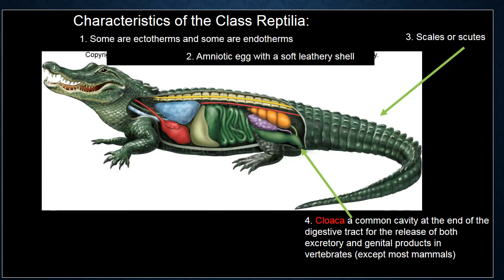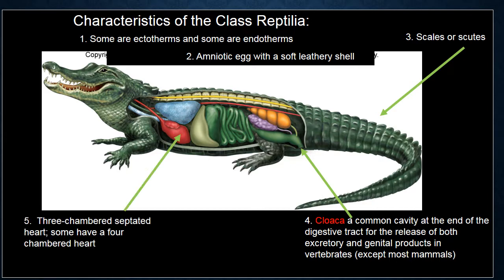And they have what's called a cloaca. Basically that's just a common cavity at the end of the digestive tract, and it's used for excrement as well as for the excreting of genitalia products. And that's found in most vertebrates except for mammals, but this is where we start to see it come on the scene, in the class reptiles.